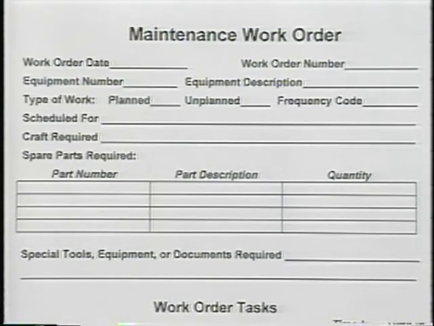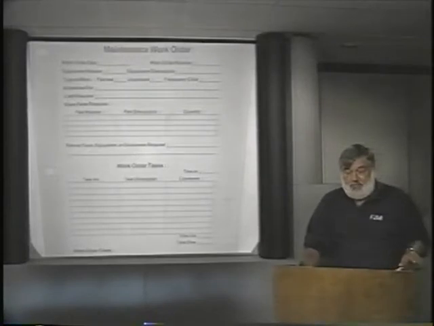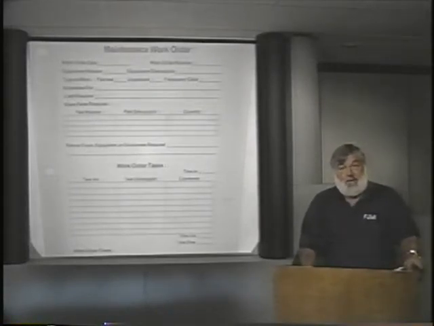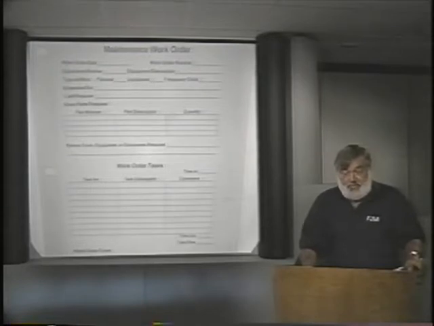Likewise, we could use the preceding document for major and minor overhauls. And again, we have the ability to pick material, and plus all of the tooling and other requirements which really would be recorded in the center portion where it says spare parts required.